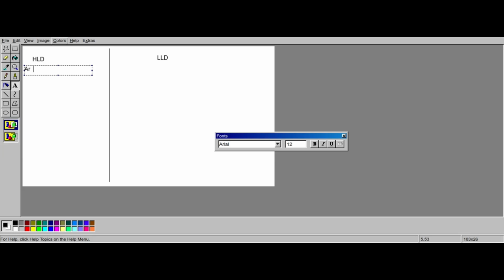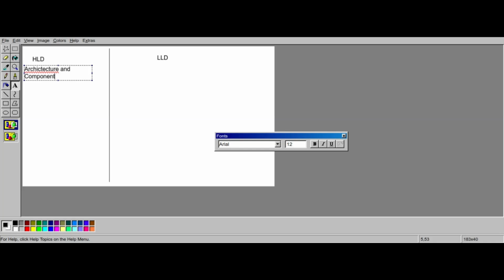Components mean sign up, sign in, product specification and description, then add to cart, then the size and color of the product, then cart page, then checkout page.